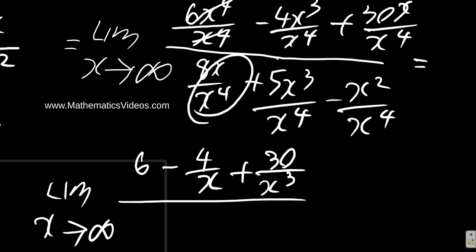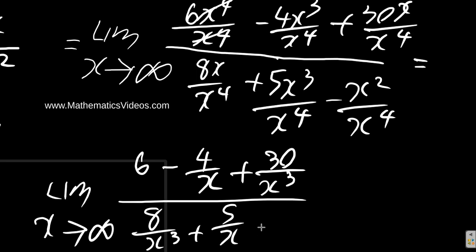Then 8x over x to the fourth will be 8 divided by x cubed, plus 5x cubed over x to the fourth is 5 over x. The x cubed cancels x to the fourth. You have to remember your cancellation with powers of x, your indices. Minus x squared over x to the fourth is 1 over x squared.